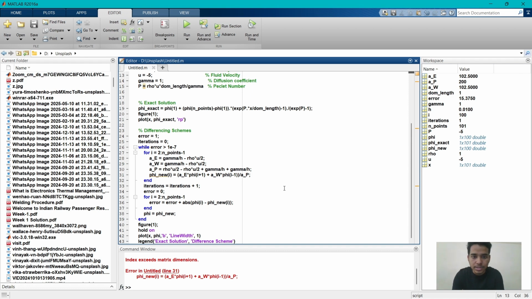Now I will compare the results of varying Peclet number, that is Peclet number starting from 0.1, then 1, then 10, and then minus 5, to see how it varies with high and low Peclet number, that is Peclet number less than 1, Peclet number greater than 1, and Peclet number close to 0.